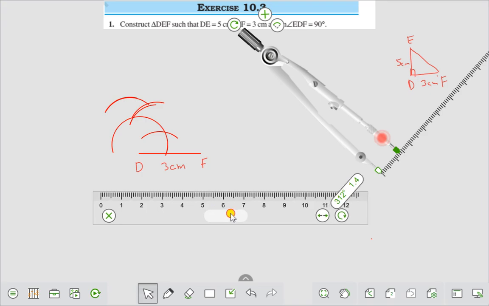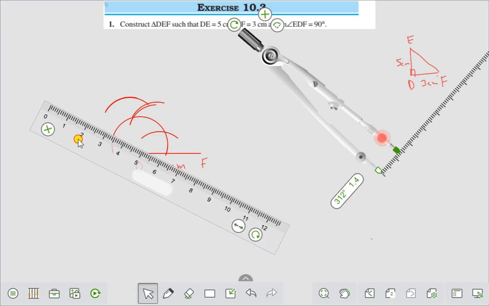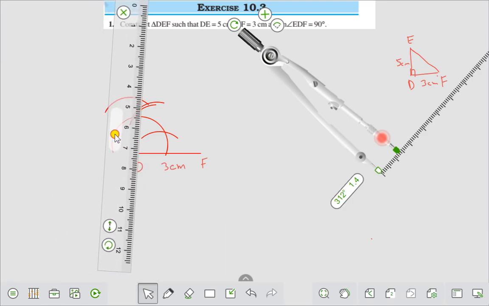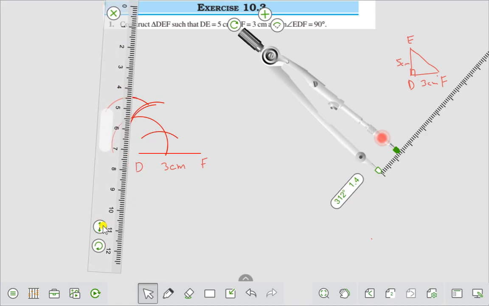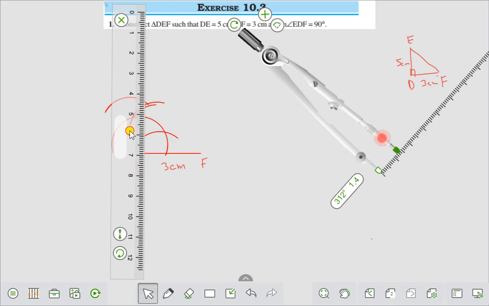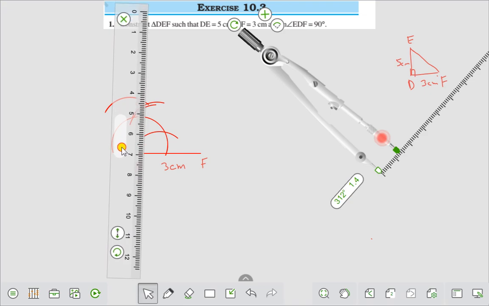Draw this side. Now this is the 90 degree angle, right?